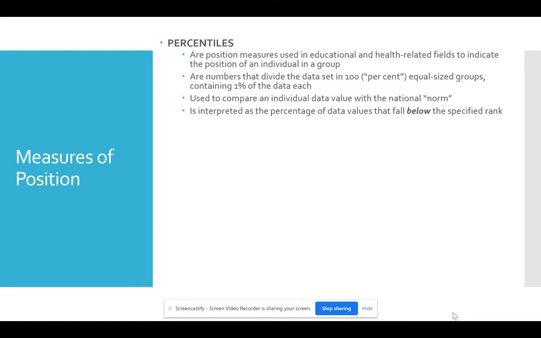The important thing to note about percentiles is how you interpret it. A percentile is interpreted as the percentage of data values that fall below the specified rank.